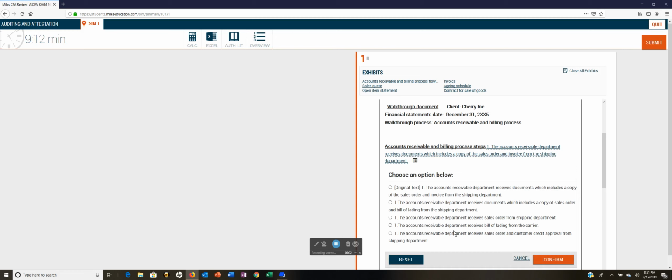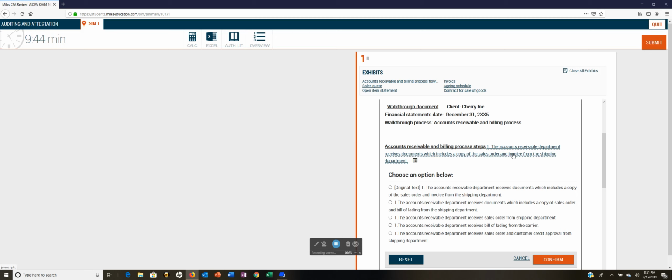If you've looked at the chart in our book showing the sales process, you would remember that the accounts receivable department does receive these documents: a copy of the sales order and an invoice.